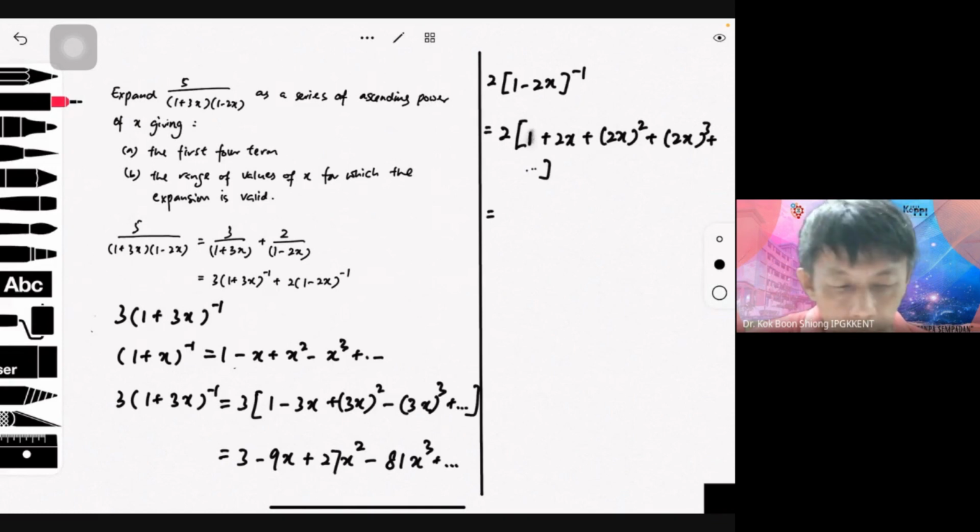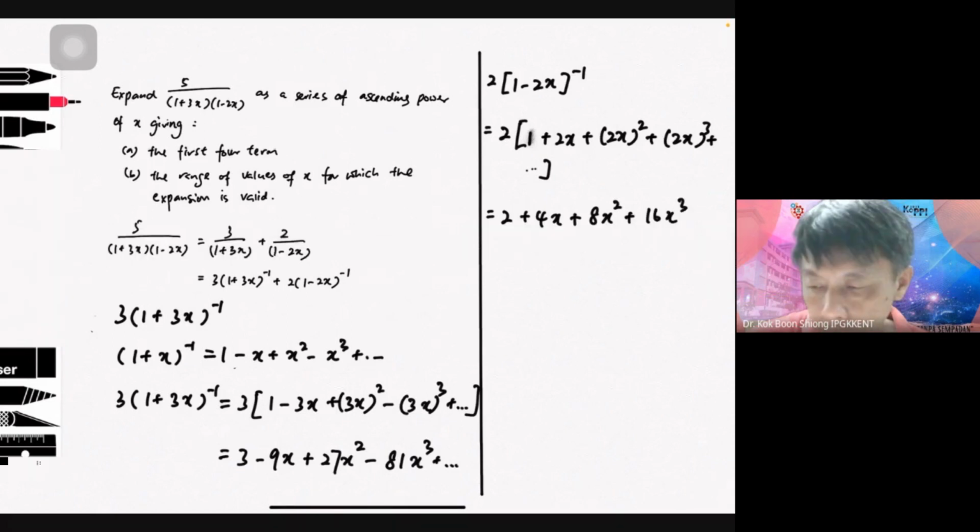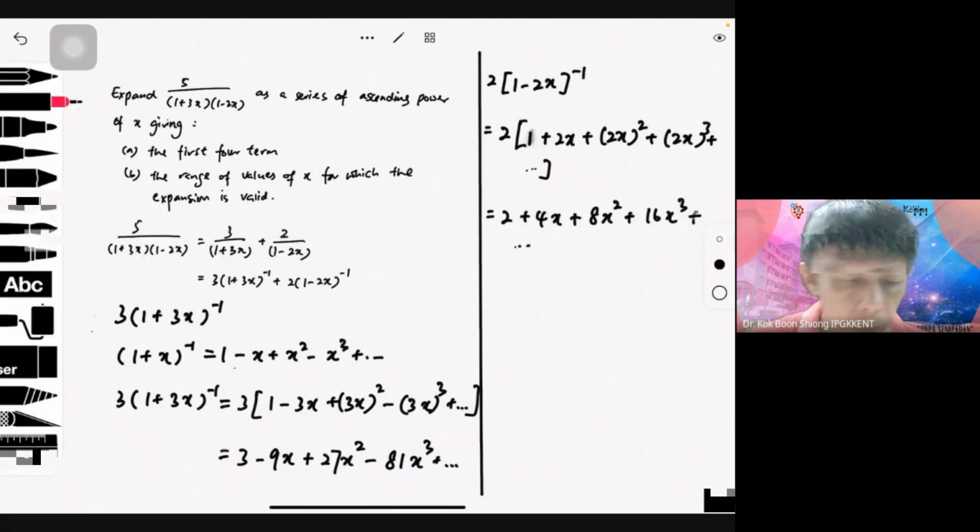So we will have 2 plus 4x plus 8x squared plus 16x cubed, to the last term.